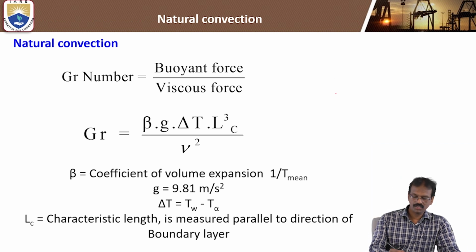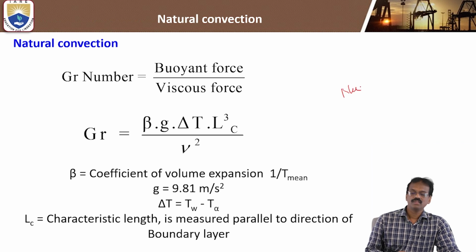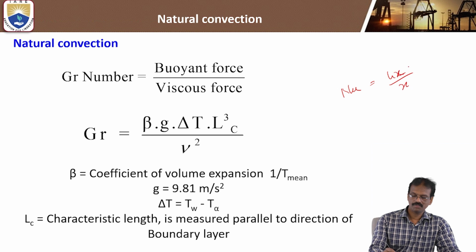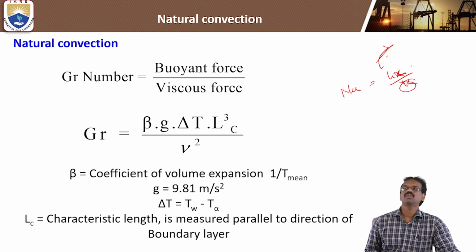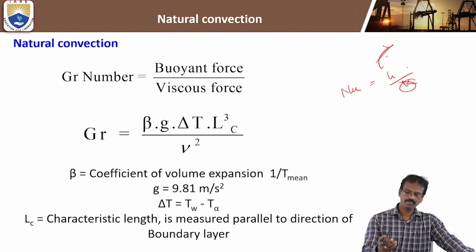In natural convection, we have to find out the Nusselt formula, because Nusselt is equal to hL by k or hx by k. h is the heat transfer coefficient, which you have to find out. k is the thermal conductivity. L is the given length, the complete length of the plate.